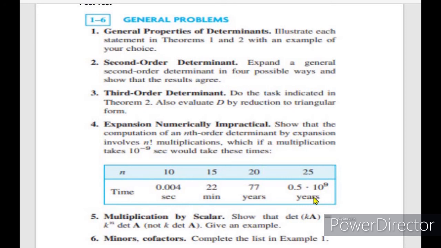So you will just show that the computation of an nth order determinant by expansion involves n factorial.